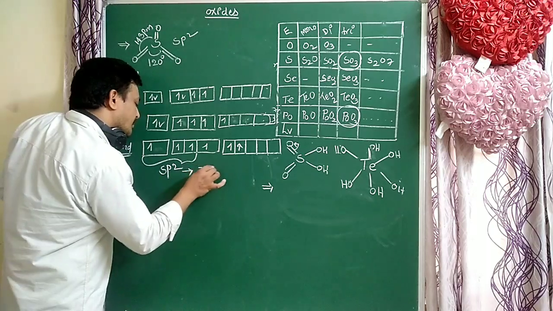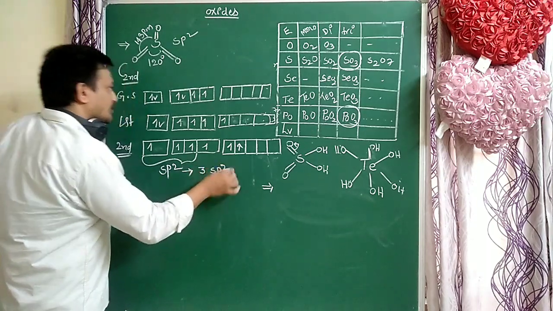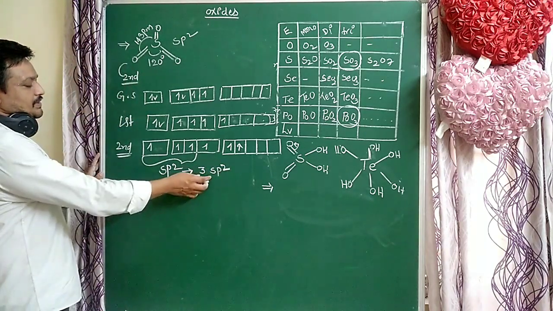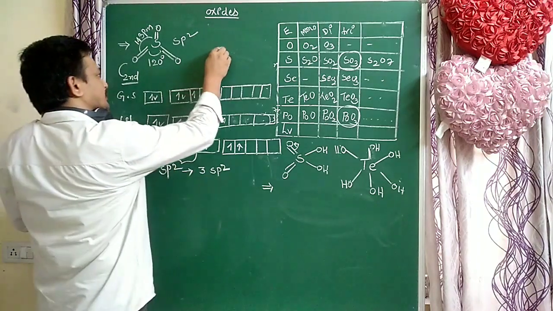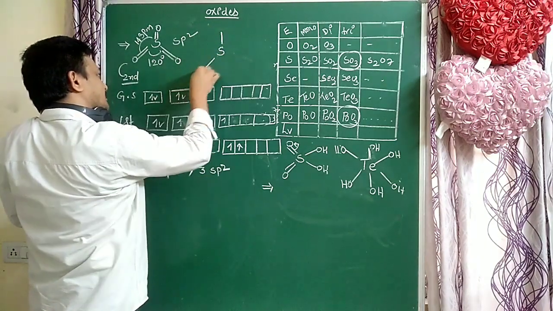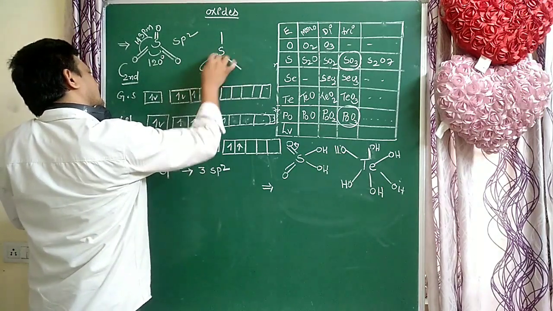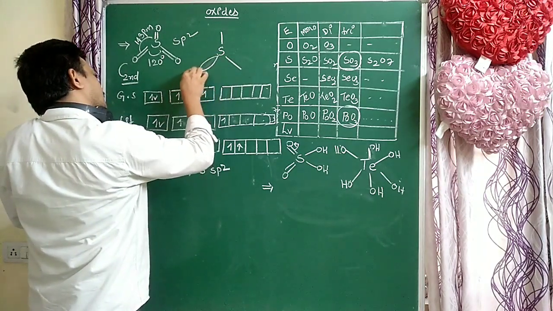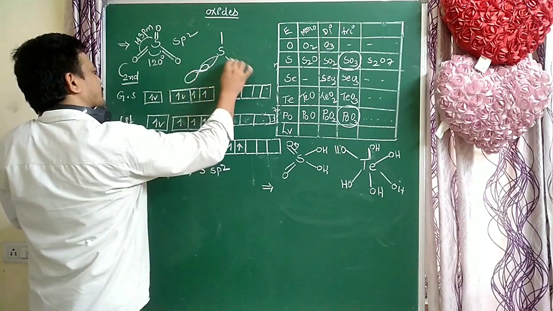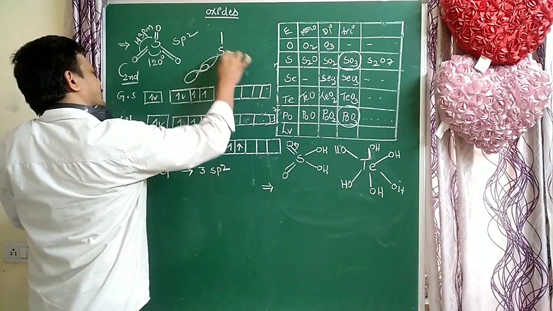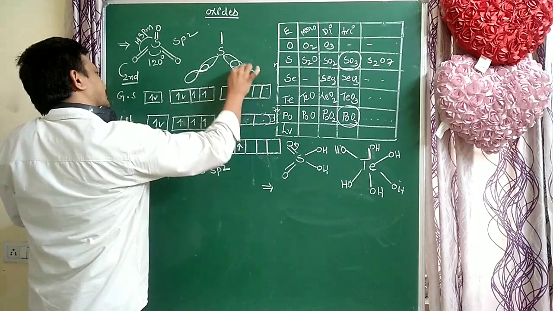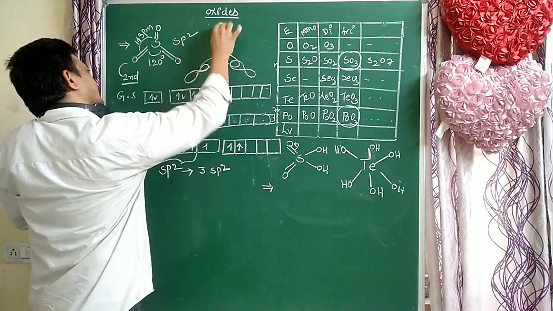Three sp2 orbitals are formed. These have single electrons that can form sigma bonds with the p orbitals of the oxygen atoms.